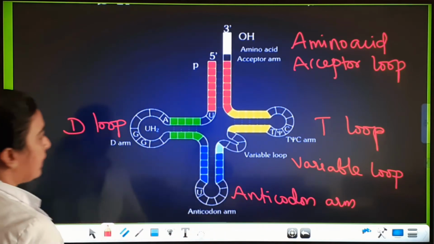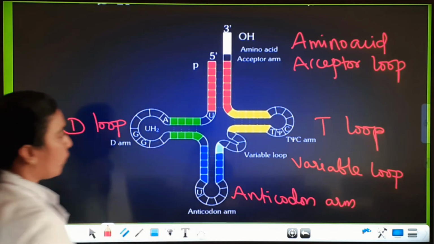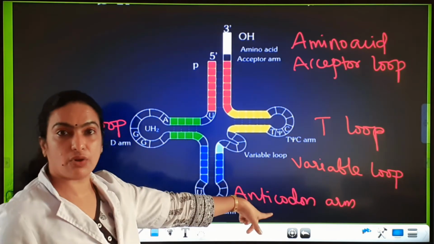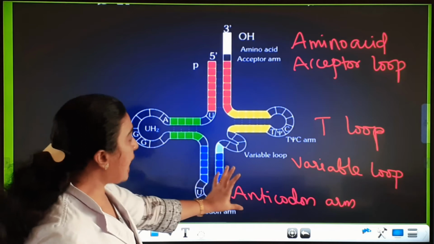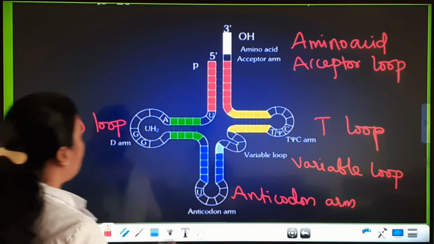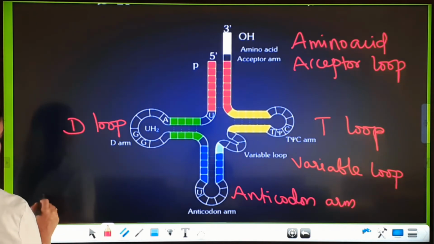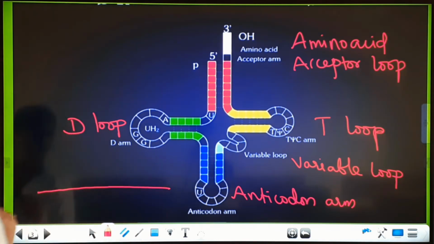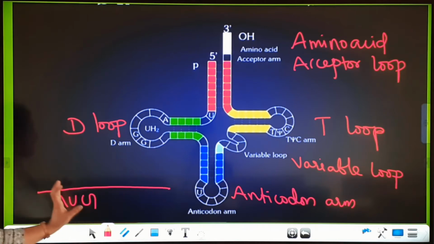And now we can see the first one, anticodon loop. What is the function of this anticodon loop? This anticodon loop is the place where the anticodons are. Suppose this is the mRNA. If AUG, this is the start codon that you know, the initiator codon.